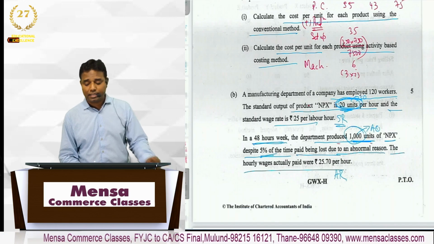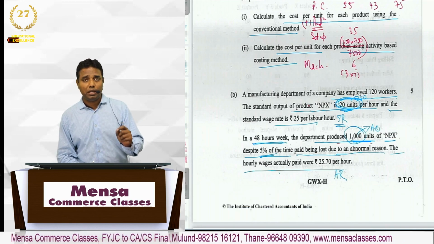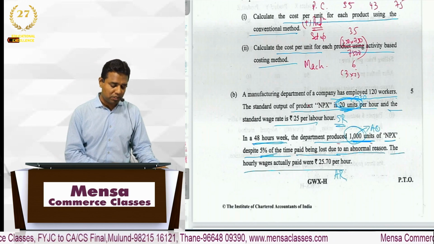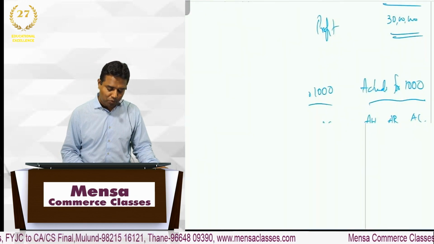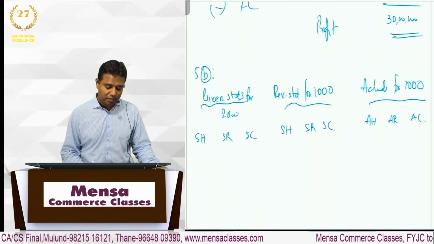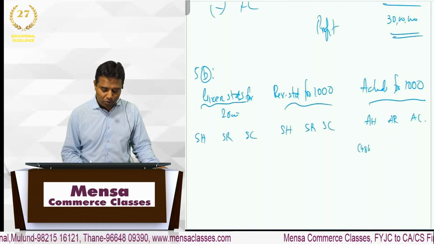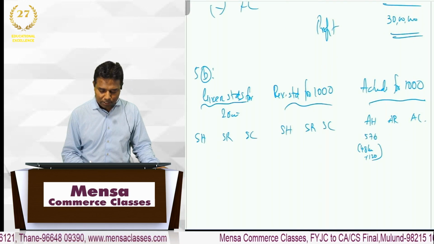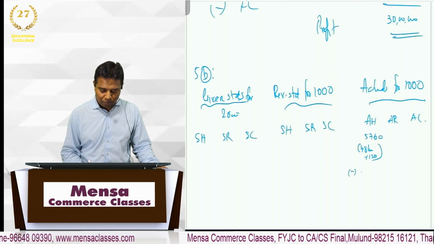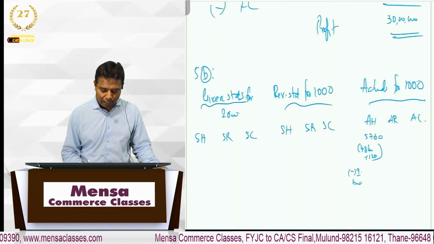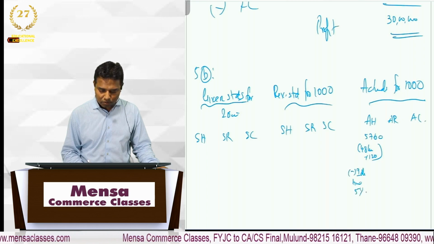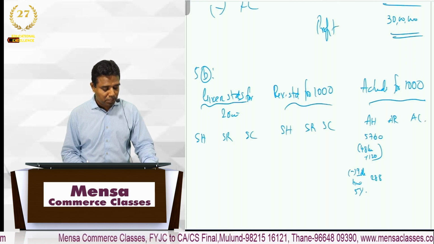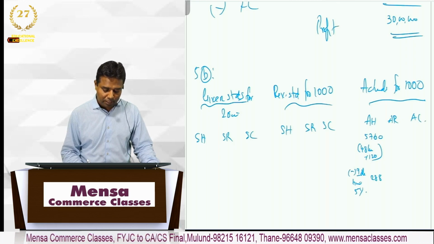So 48 hours a week is the performance time of one worker and there are 120 workers. So our value will become 48 hours into 120 workers. That will come to 5760 less your idle time. Abnormal idle time is 5%, which will come to 288. 5760, 10% is 576.